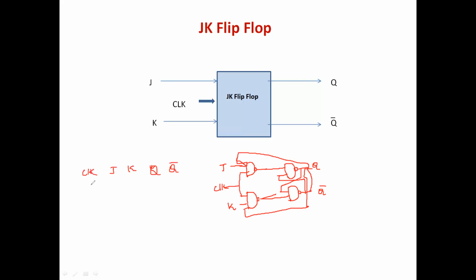Here one more input is clock. I will assume the combinations of J and K are 0 0, 0 1, 1 0 and 1 1. So this is the combination of inputs. The last condition I'll come to in the next step. First I'll take J is equal to 0 and K is equal to 1.